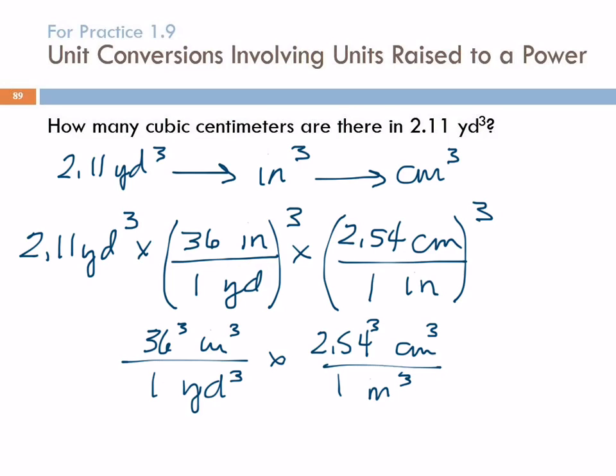So when I do this on my calculator, I'm going to do 2.11 times 36, and then I have an X to the something button. And I'm going to press that and cube my 36. And then I'm going to multiply by 2.54, and I'm going to use that button again.